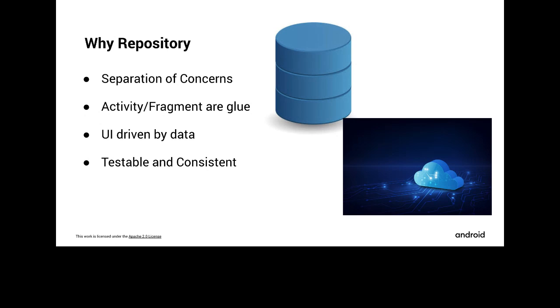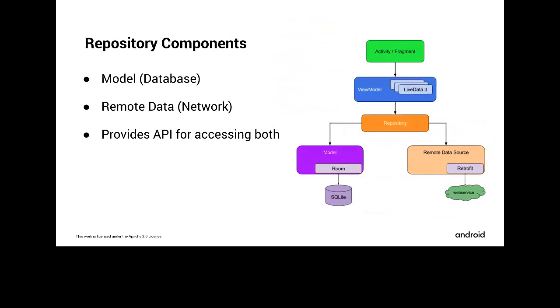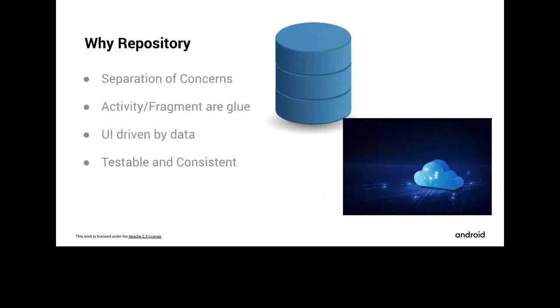You could get new requirements, you could find a newer way of doing things, and you want to be able to just swap these things out and not have to worry about what kind of effects it has on the components around it. So for example, say you don't particularly like the Room library. You want to be able to swap that out. Suppose you don't necessarily like view models or live data. You can take any of these components and swap them out because they're all separated, they're all abstracted away from each other.